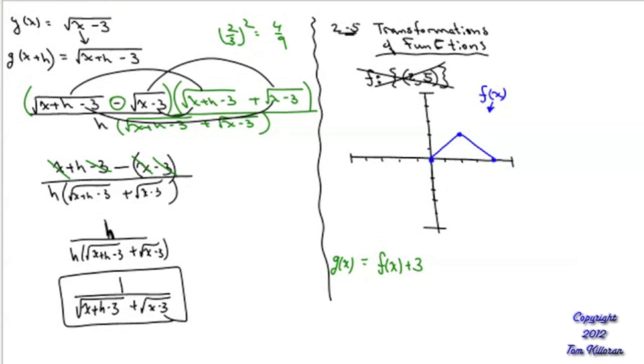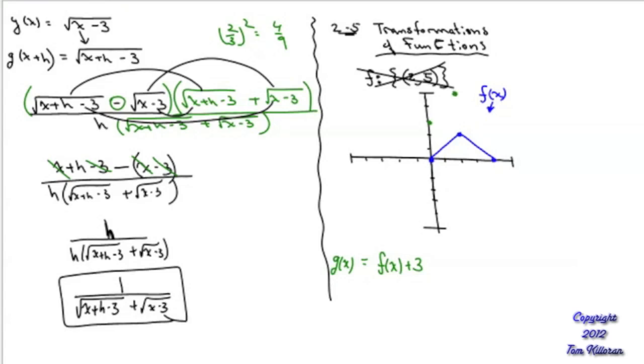So what is it doing to every y-coordinate? Well, it's increasing it by 3. So g of x would take this point at 0, 0 and bring it up to 0, 3. It would take 2, 2 and bring it up to 2, 5, which is up here.